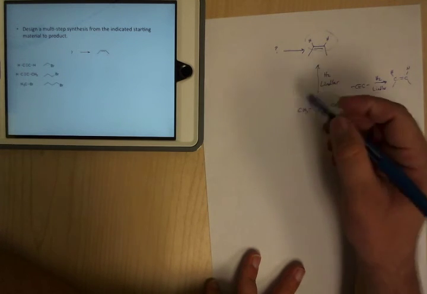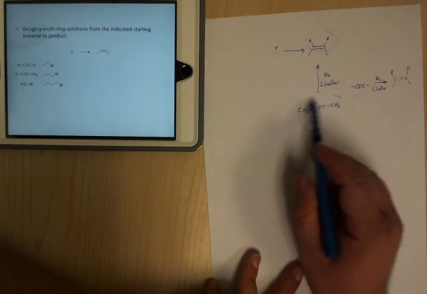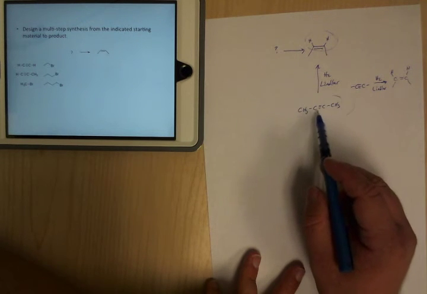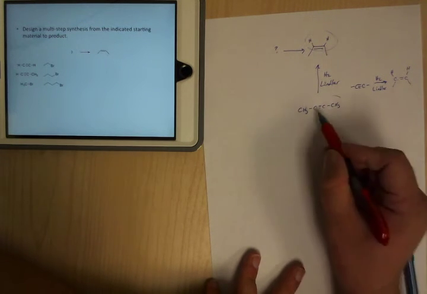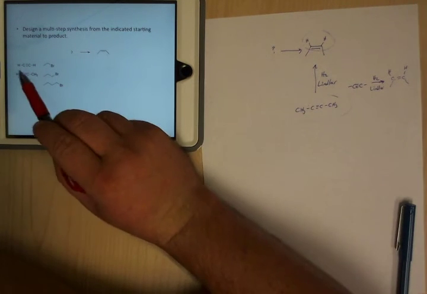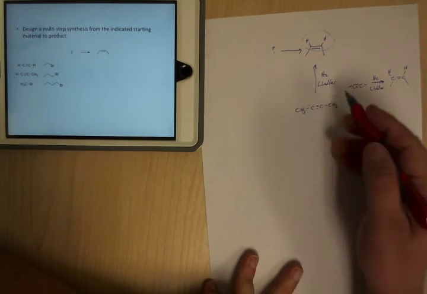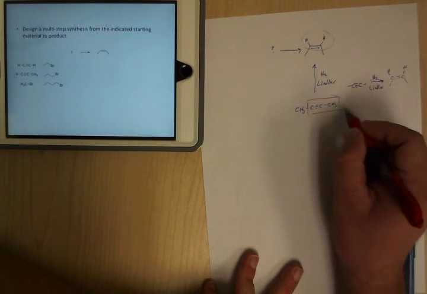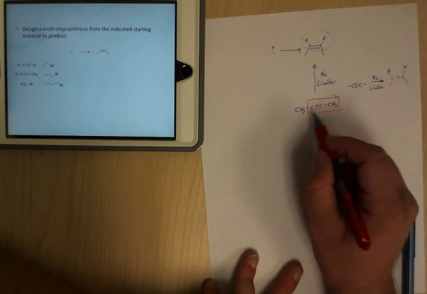Okay, so again, this is install the functional group, and now we need to build up that carbon chain. What we can do is start with just that acetylene group and then add methyl groups on here. But I did give you the option of doing that, so we can just start with that group and add the methyl.